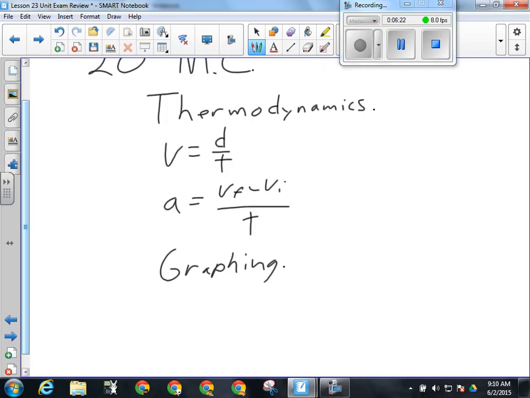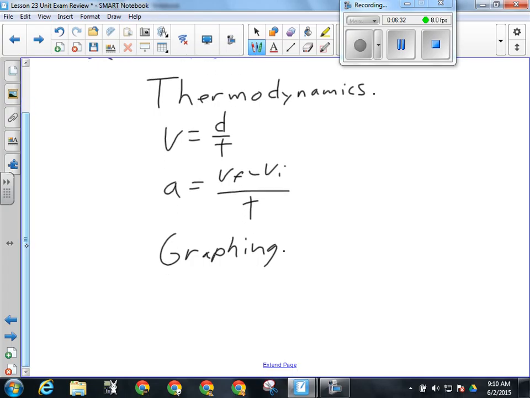There might be a calculation in there, but mostly it's just interpret. Then there's a couple of things about work and energy, and 2 questions about efficiency. So that's the topics that'll be covered in the multiple choice part of your test.